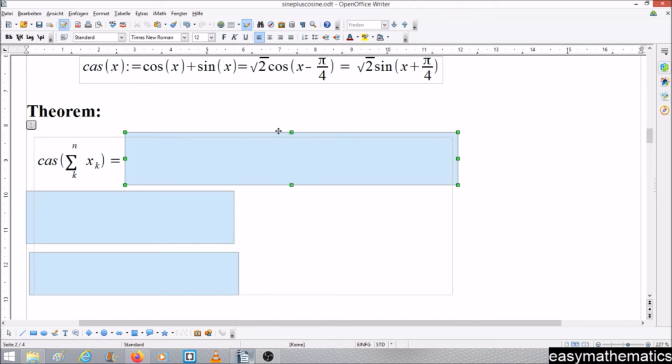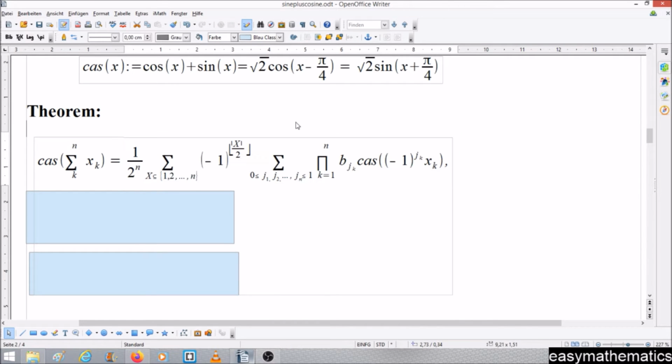And the general addition theorem looks like this. We have 1 over 2 to the n, then a sum over all subsets from the set of the natural numbers from 1 to n. Then we have an alternating sign in pairs, so it starts with plus plus minus minus. You can think about the floor of the cardinality of the subset over 2.